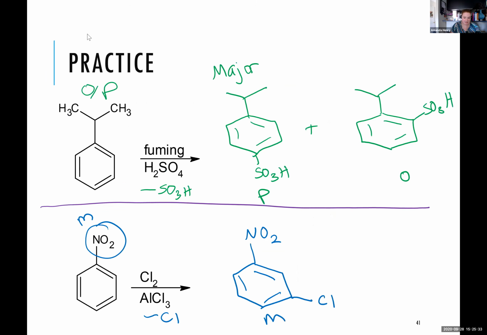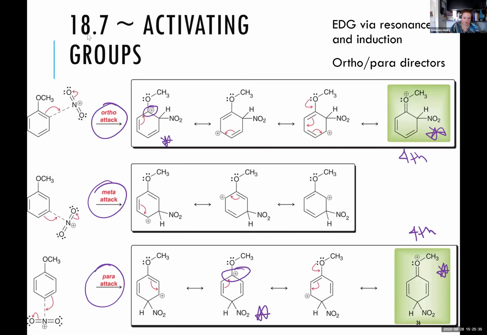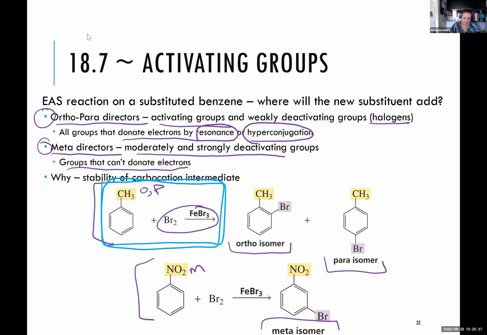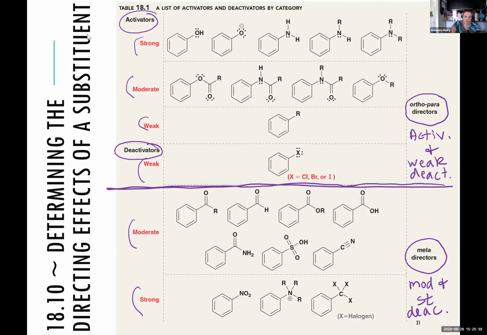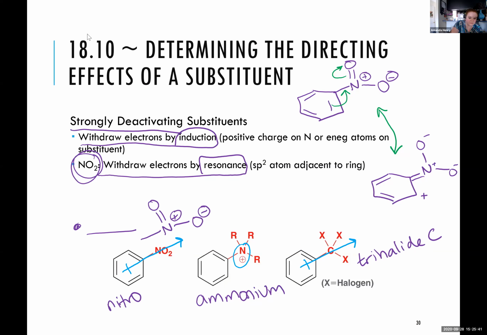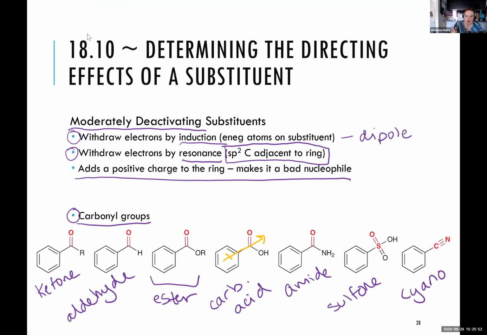So the biggest thing, I'm going to go back up a few slides here. There we go. I was trying to move my little video. For electron withdrawing groups, there is going to be a pi bond next to the ring.